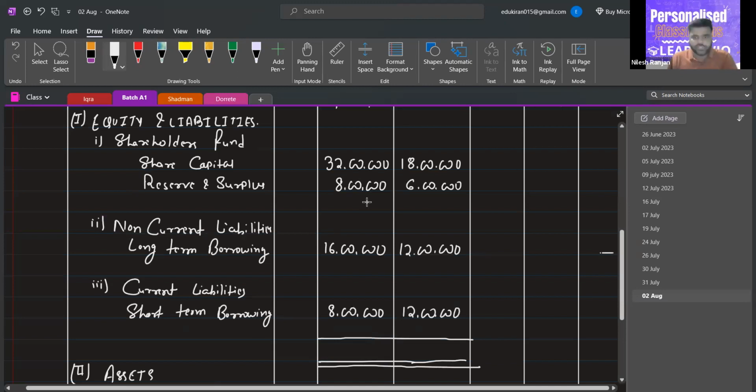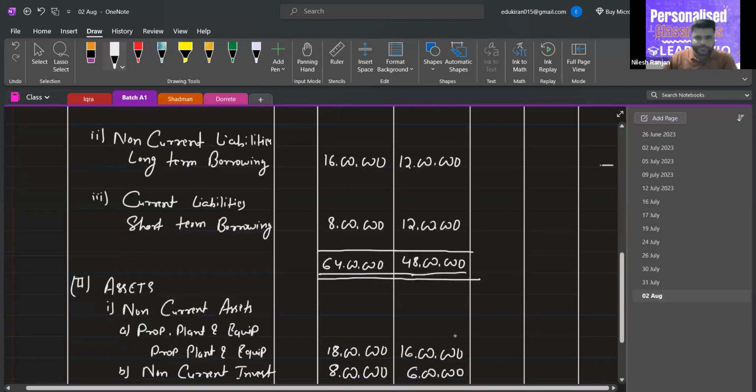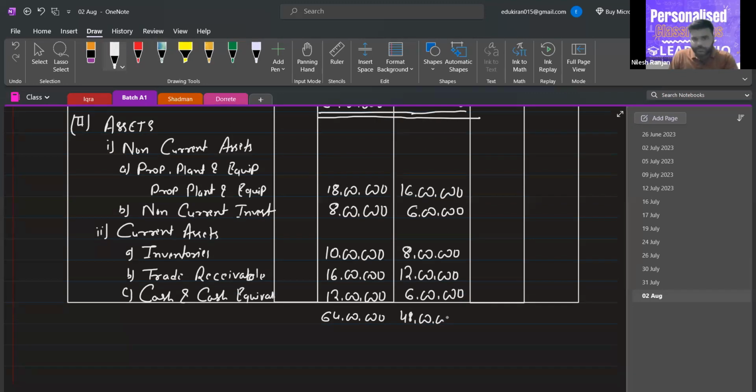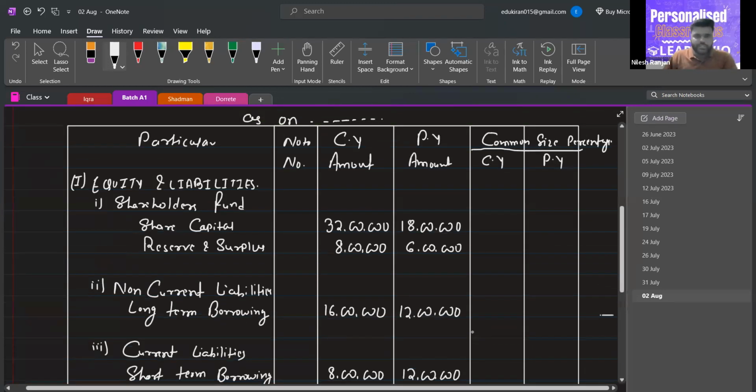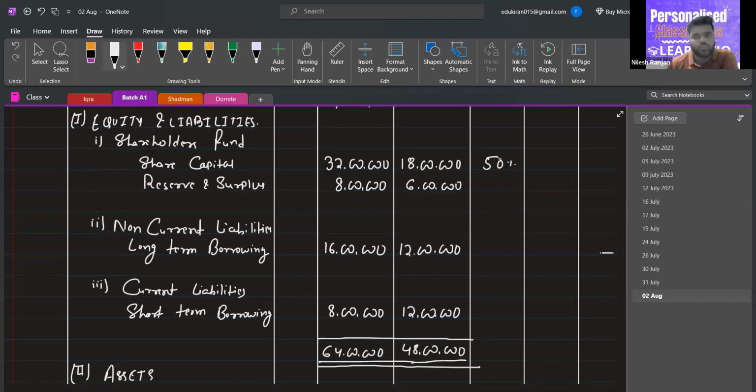The balance sheet total is given as 64 and 48, so we don't have to do anything for this. 64 and 48, and here also 64 and 48. Now we will calculate percentage. 32 lakh divided by 64 lakh is 50%. Actually, we have to do the calculation for each item.